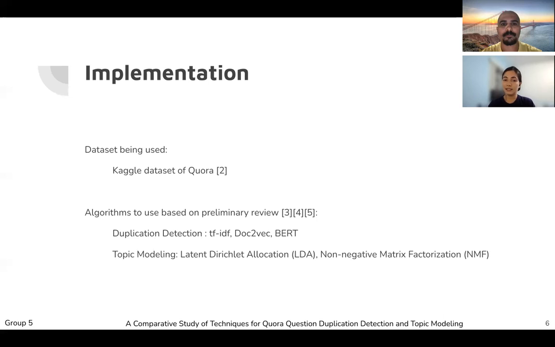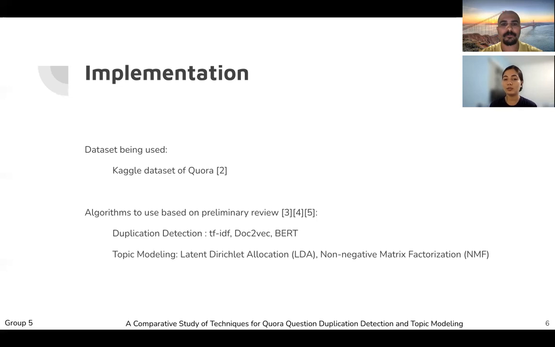The next is what algorithms we plan on using for our project. For duplication detection, we plan on using TF-IDF, Doc2Vec, and BERT. For topic modeling, we plan on using latent Dirichlet allocation, LDA, and non-negative matrix factorization, NMF.